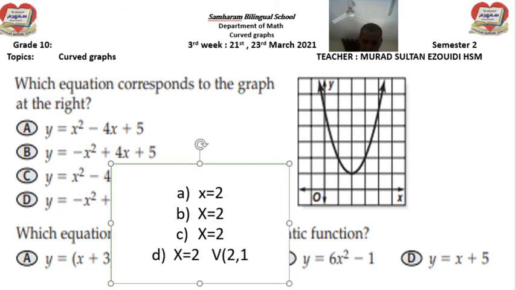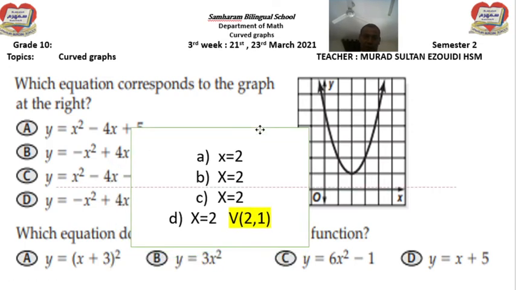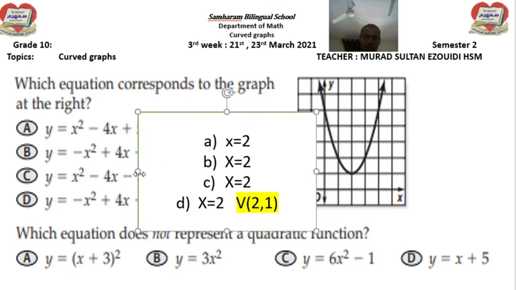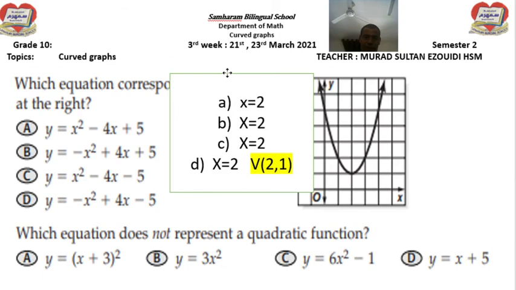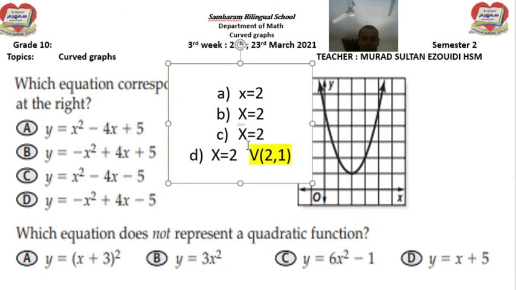In order to check, this is what we are looking for. This is the keyword for learners, because all of the equations have the same axis of symmetry. We'll try to guess when x equals 1 or not.